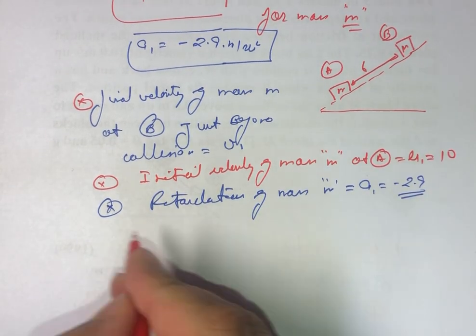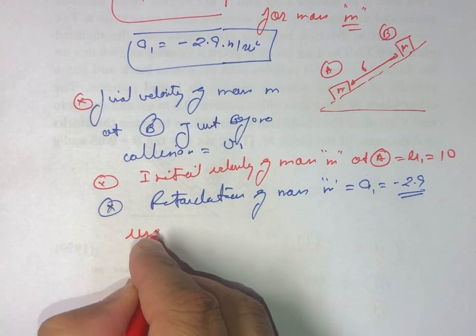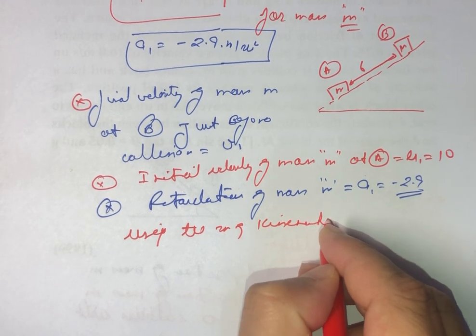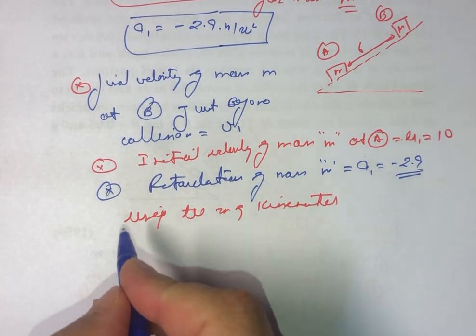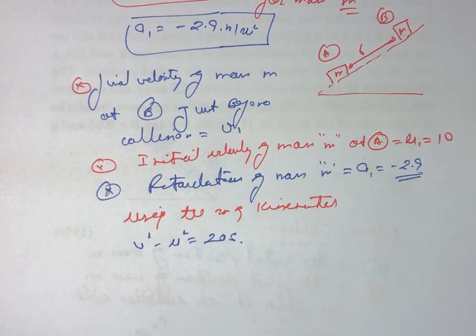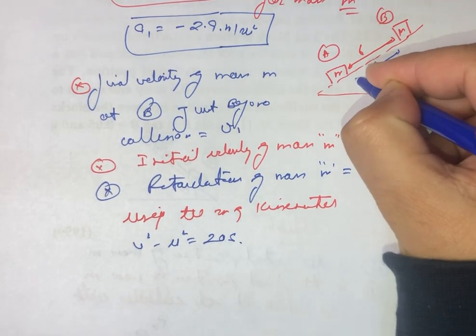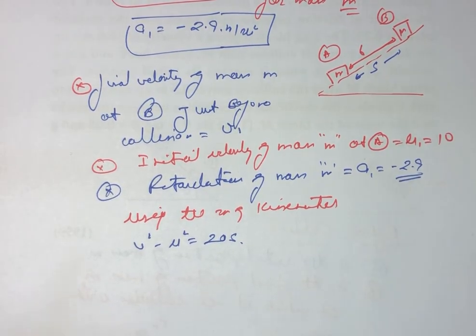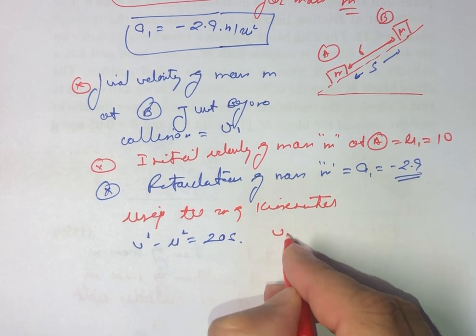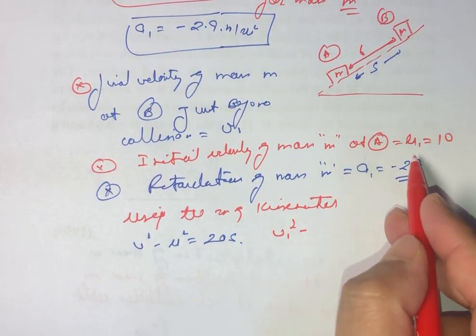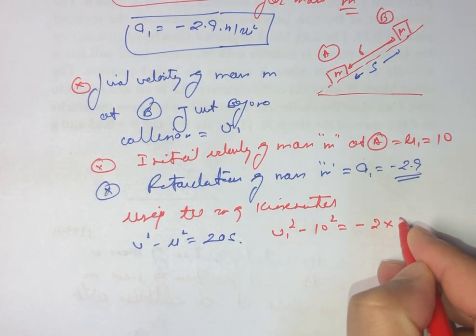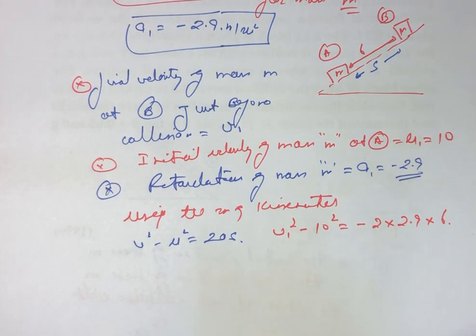Using the equation of kinematics, v square minus u square is equal to 2as, and here s is nothing but this 6 meters. We substitute the values, we get v1 square minus 10 square equal to minus 2 into 2.9 multiplied by 6.